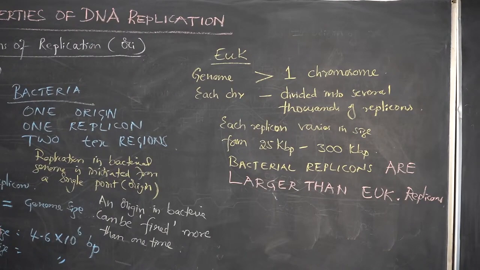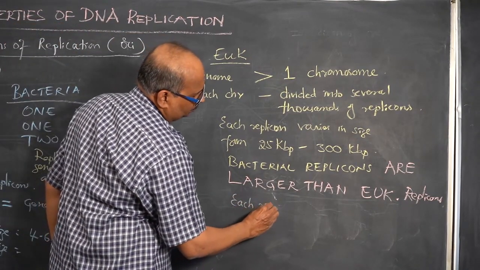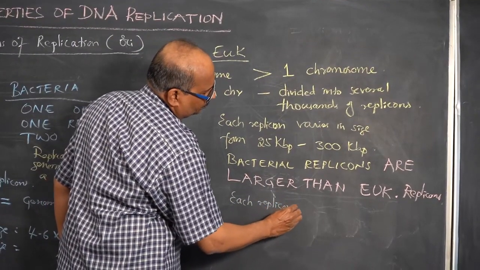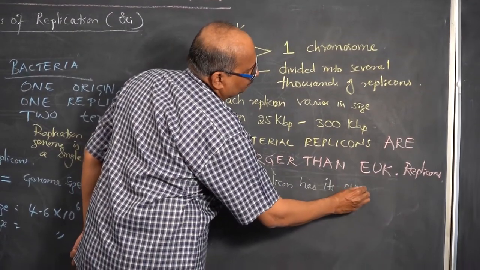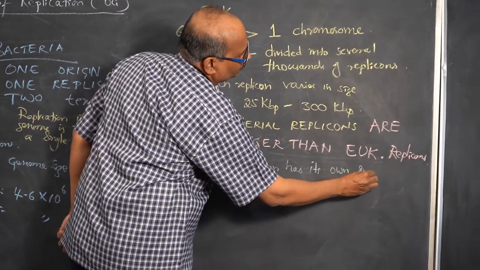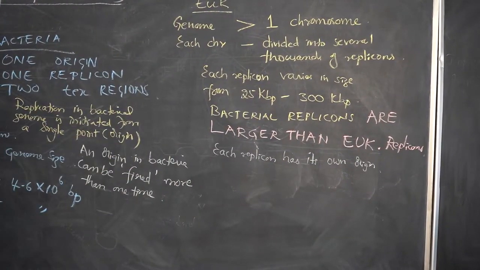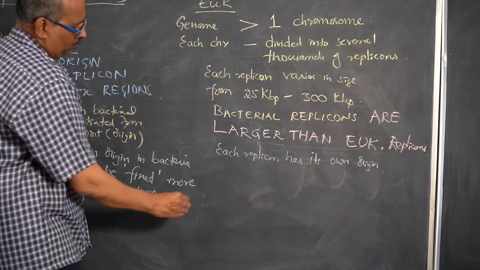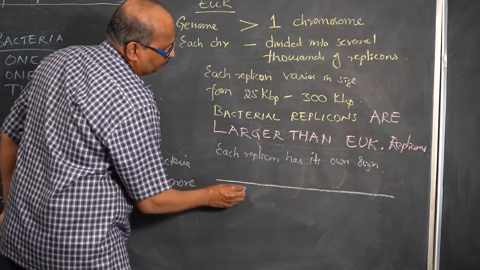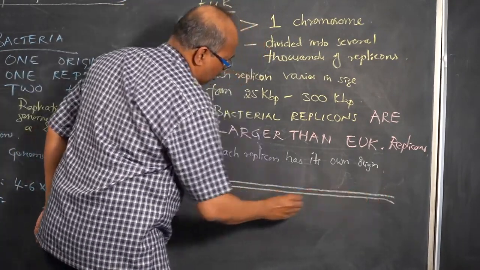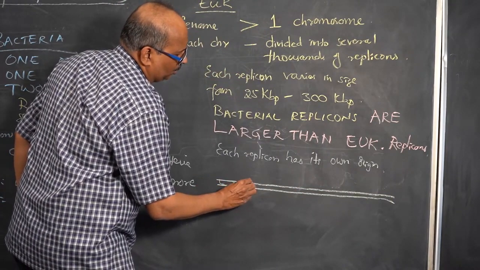Then, like the bacterial case, each replicon has its own origin. So one replicon, one origin, that is true everywhere. So what happens here is, let us just make a boundary so that each bounded one is a replicon.